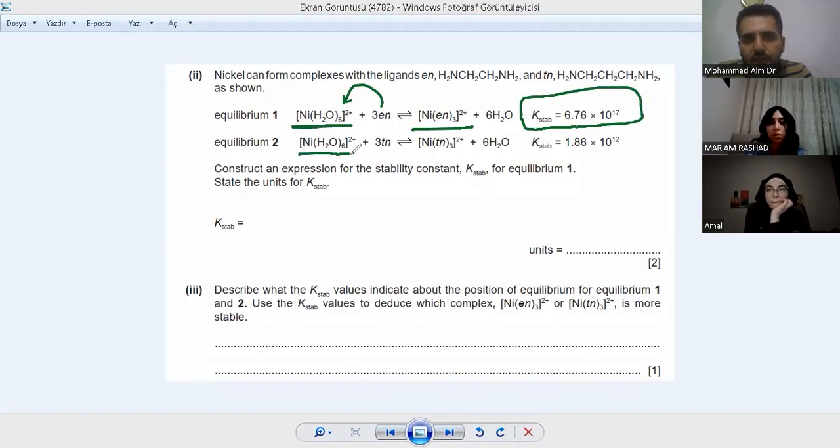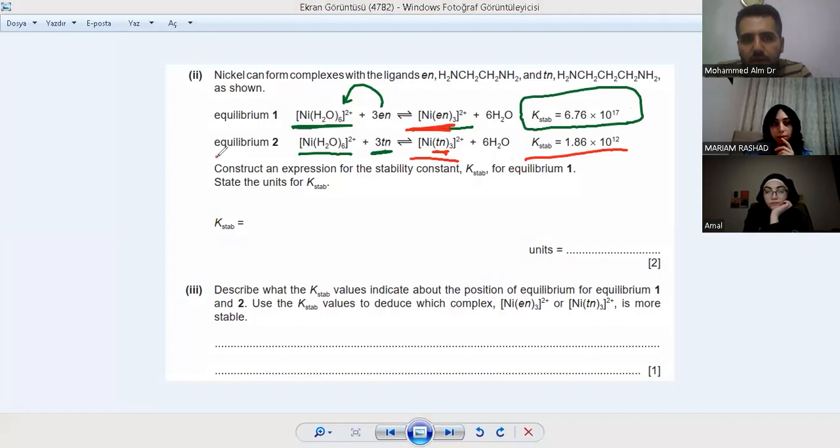In another reaction, we have nickel and we are adding to it tn. What is tn? I don't know. Is it bidentate, monodentate, polydentate? Bidentate, because the reaction here is similar to this reaction, and we have three of it. Now, guys, the Kstab for it is this.